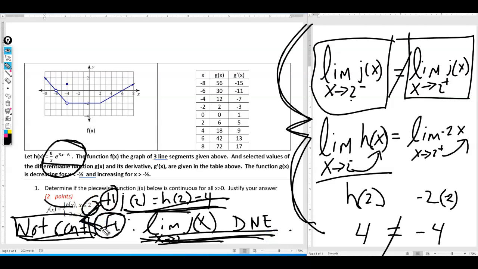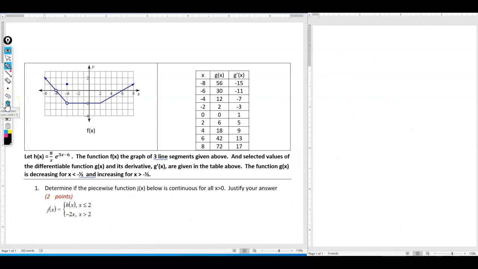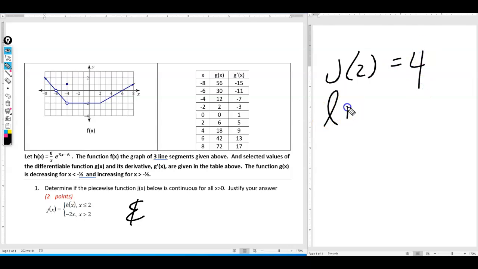Now, just so you guys know, technically, if you're dealing with a problem where you actually do have a limit, you would have to do one more statement. You would have to say, and let's say you found that j of 2 was 4, right? And let's just say we found that the limit of j was also 4.